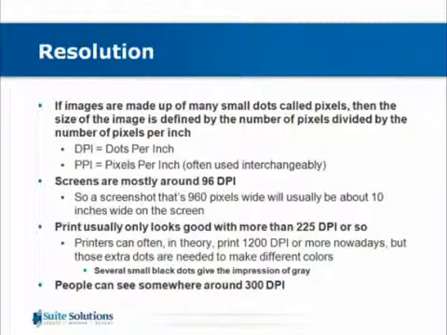If you have 96 dots every inch, so then if you have 960 of them, then you get about 10 inches wide on the screen. So if you have a particular DPI that you're using, then you also know how big the image will appear when you're actually viewing it.